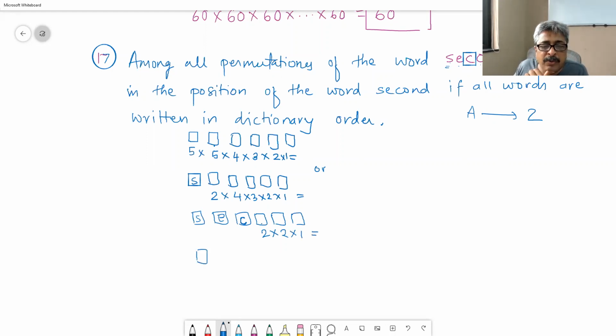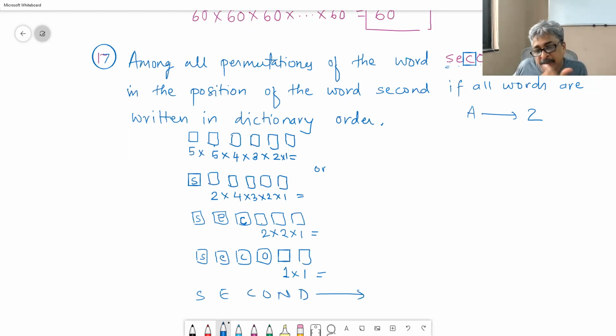So we have got the word SECO. Now 2 letters are remaining, N and D. So D will come before N, 1. Is that correct? So these will be the different permutations which will appear before SECOND, and then SECOND will come. That is the place.